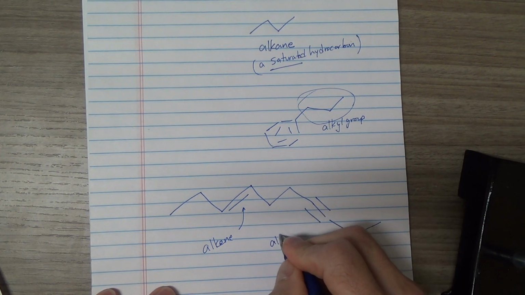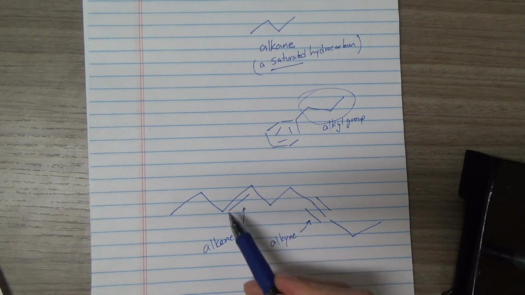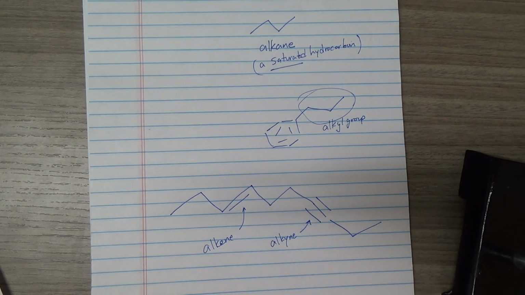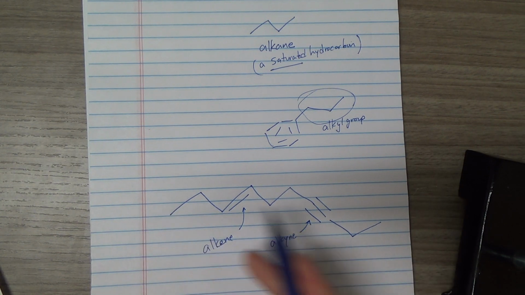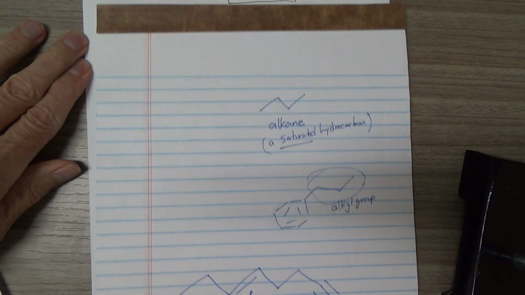And I see an alkyne. Carbon-carbon double bond, carbon-carbon triple bond. Yes, we can call this alkyl. It is an alkane group, but again, that's often just backbone and sometimes not identified. So those are pretty straightforward.